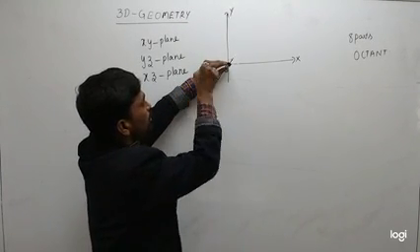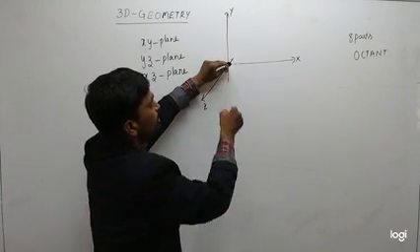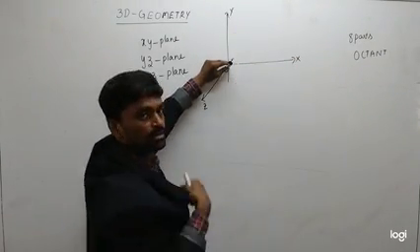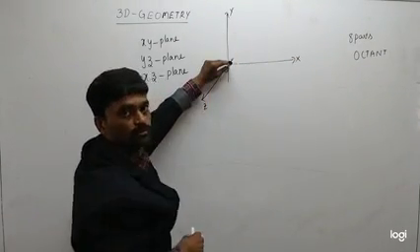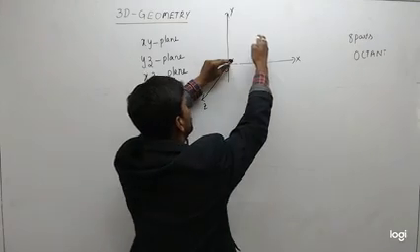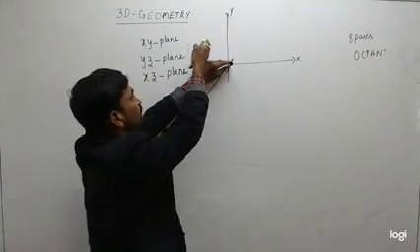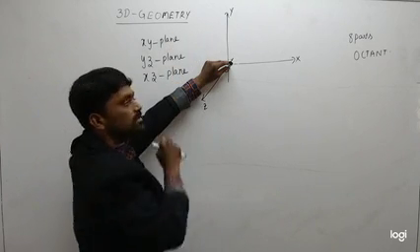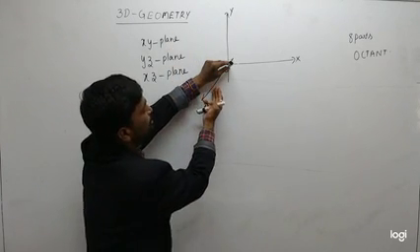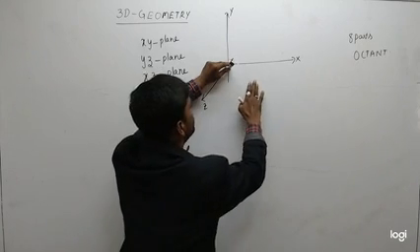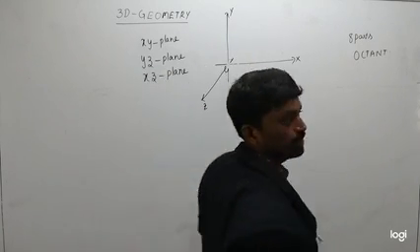This part, third octant. This part, fourth octant. On the backside of the board the same figure will come. So the backside of the first octant is the 5th octant, the backside of the second octant is the 6th octant, the backside of the third octant is the 7th octant, and the backside of the fourth octant is the 8th octant.